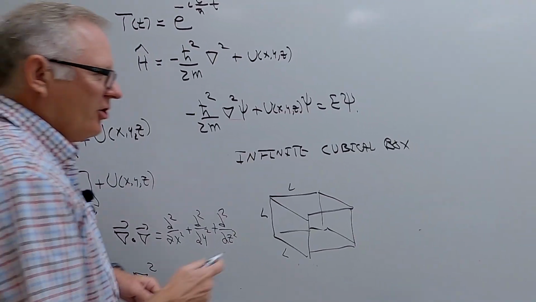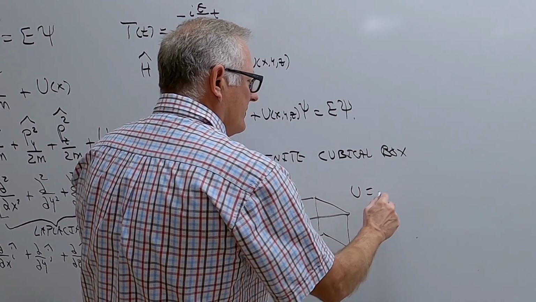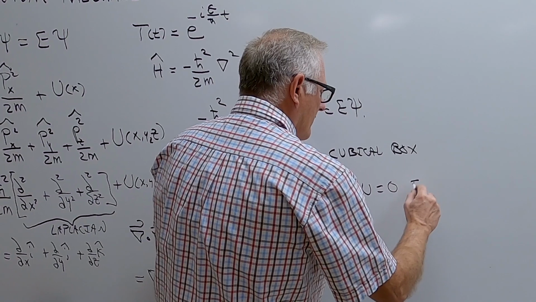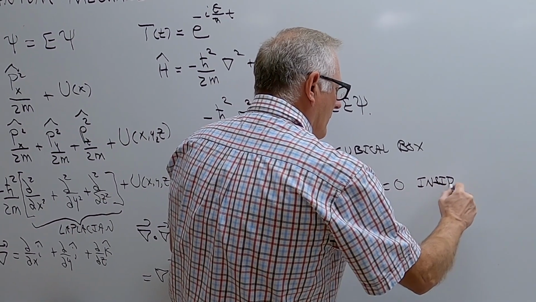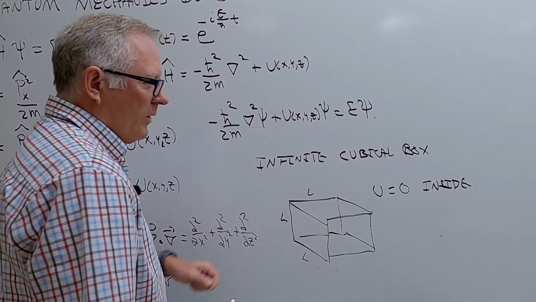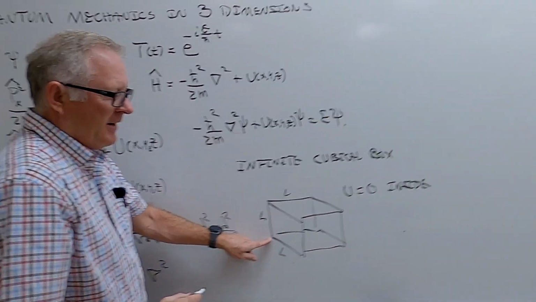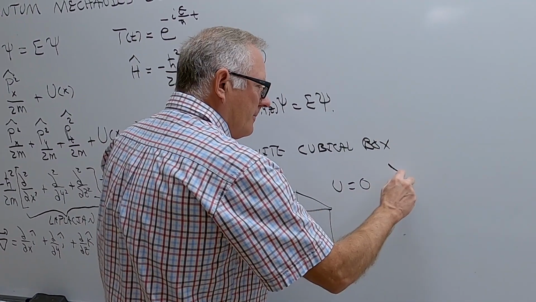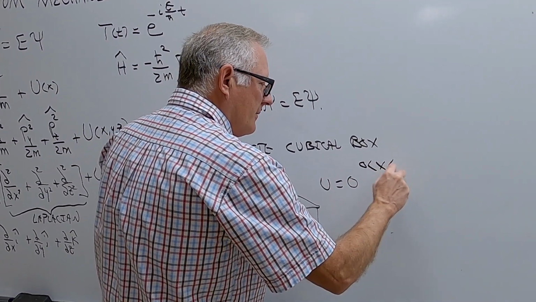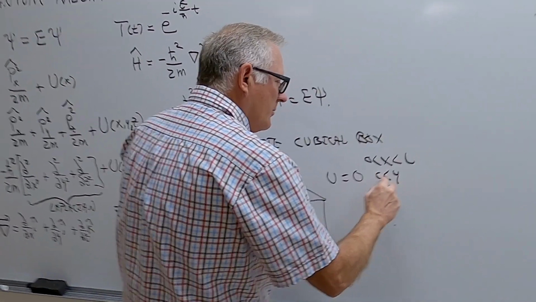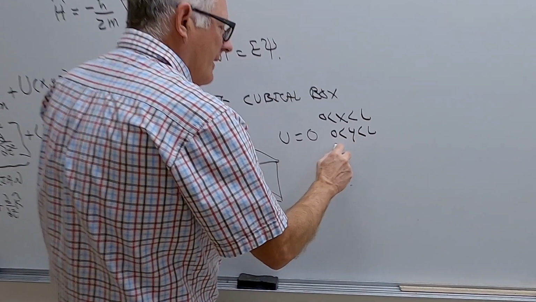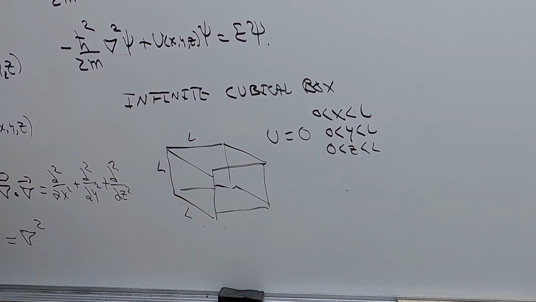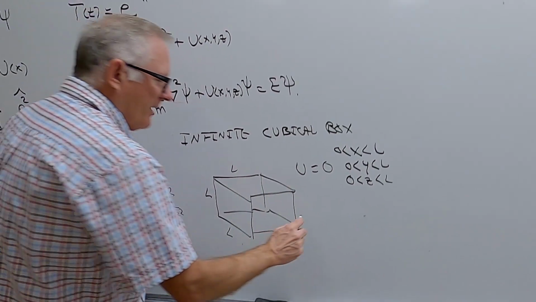And we can say U is equal to 0 inside the box. So we could say, maybe put the origin over here. So inside the box, X is between 0 and L, Y is between 0 and L, and Z is between 0 and L. And outside the box, U is infinite.